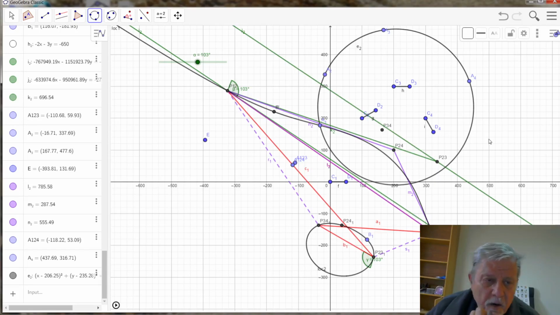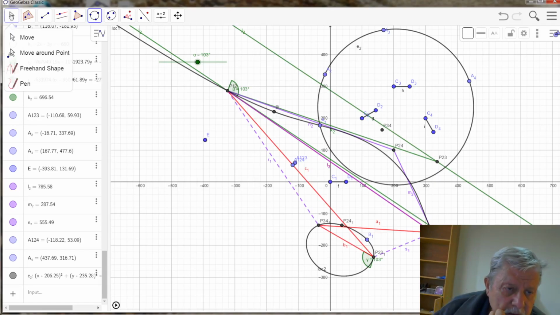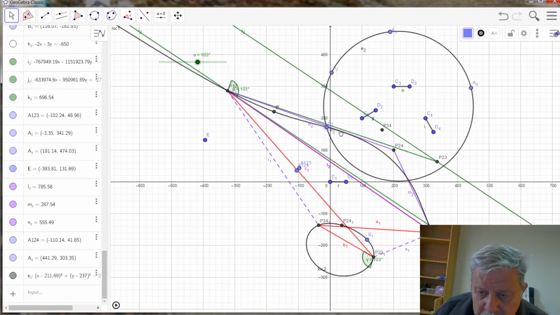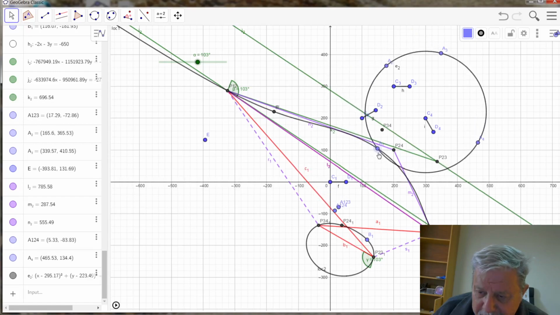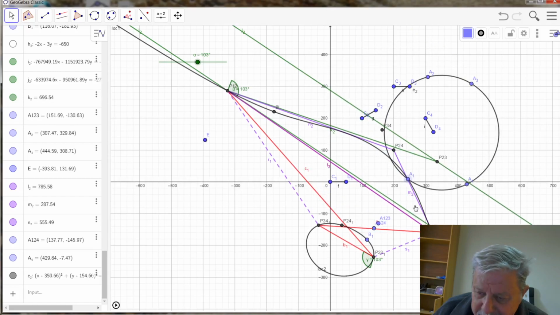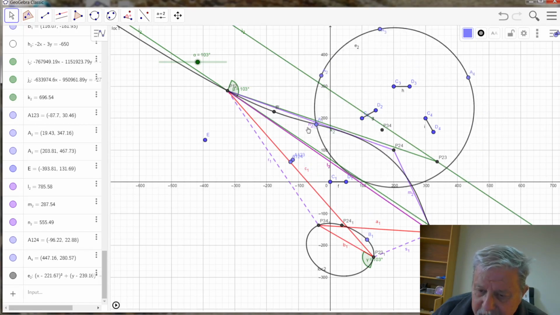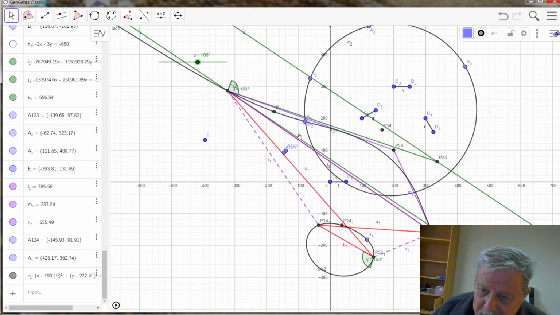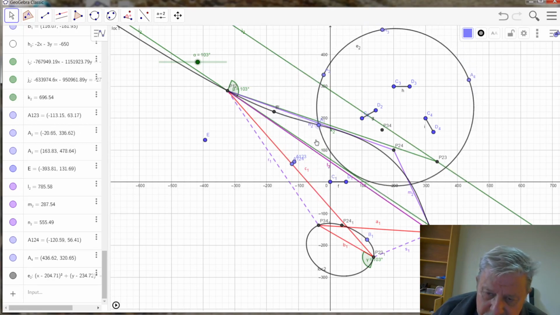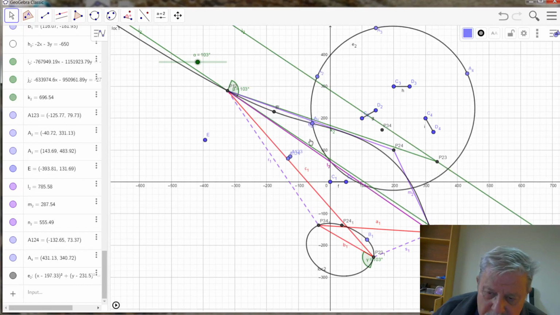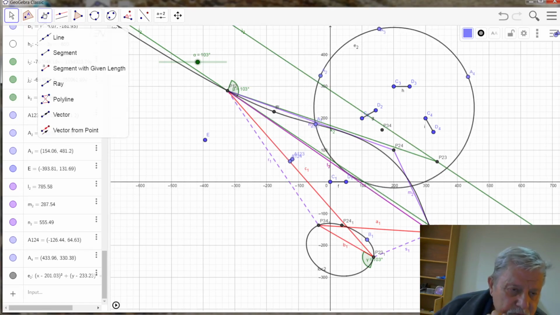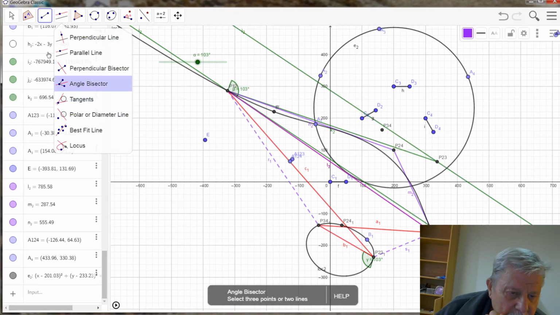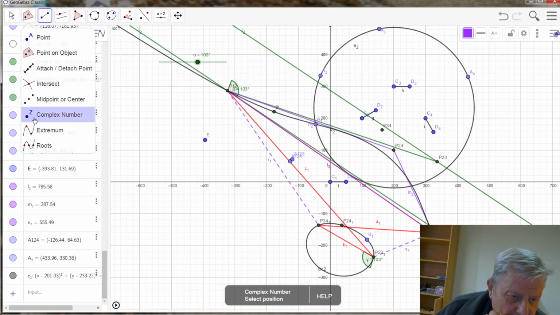Okay? Now what I will do is move A1. If that is A1, the center of the circle, sorry, where is it? Oh, here.